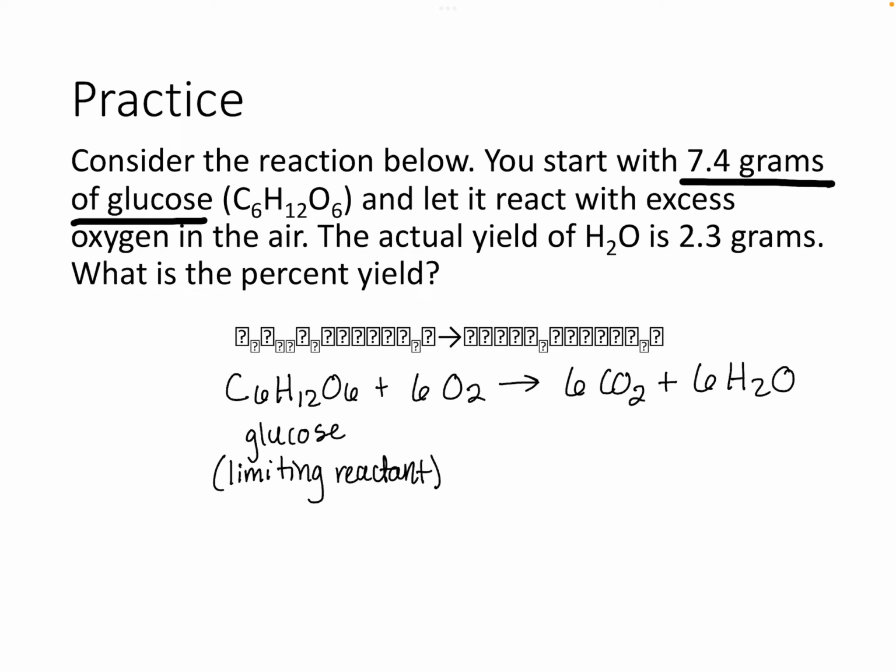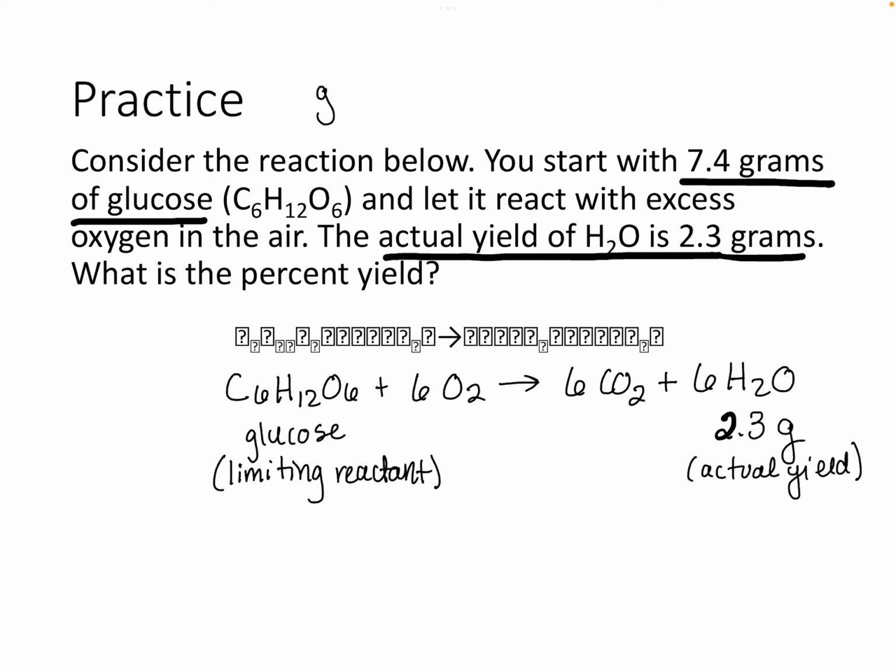Now, let's say we perform the experiment and the actual yield of water is 2.3 grams. What is the percent yield? Okay, so we're given the actual yield, but we don't have the theoretical yield yet. So in order to do that, we need to start with what we were given, which was 7.4 grams of glucose.